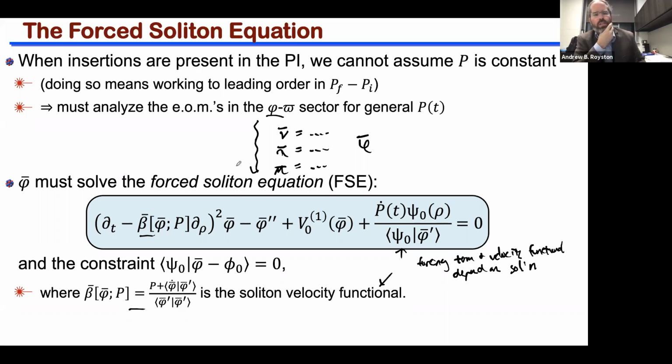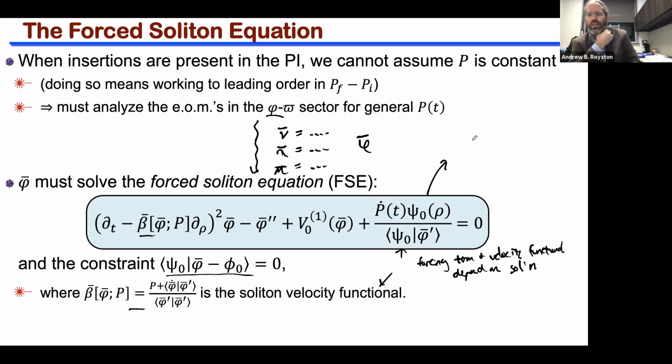Also, besides solving this equation, we still need to impose the constraint on the solution. This was the orthogonality of that original chi field, just expressed now in terms of the phi bar. And you might think, oh, this is over-constrained, but at least naively, it's not.